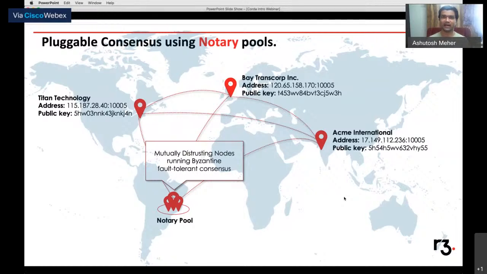All the notary has is a very high level view of the structure of the transaction. It will just look at the structure of the transaction and identify whether it's an attempt at double spend. I'll not go into too much detail on how that works, but if you want to know about it, just catch hold of me on Slack. I'll explain that to you guys.